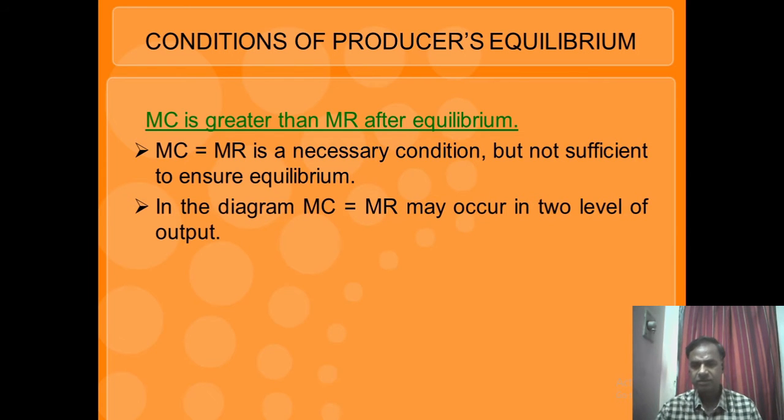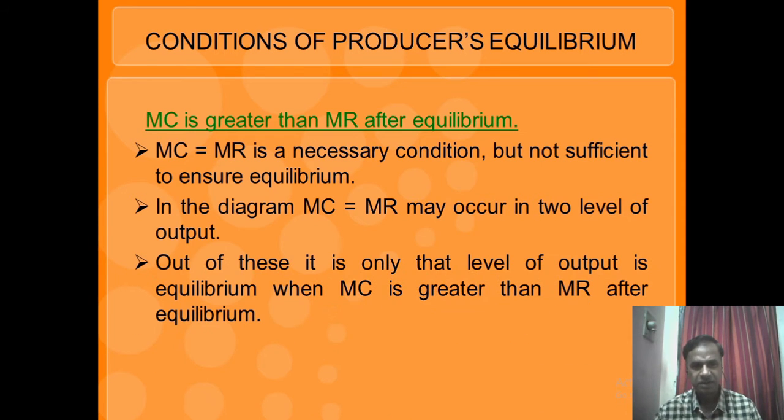You are going to see in the diagram, MC is equal to MR in two situations, in two places. But the level of output where MC is greater than MR after equilibrium is the equilibrium.